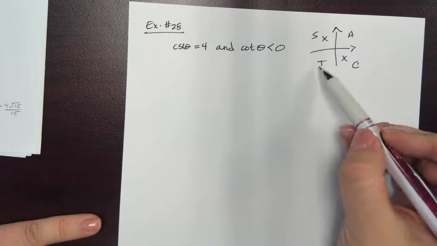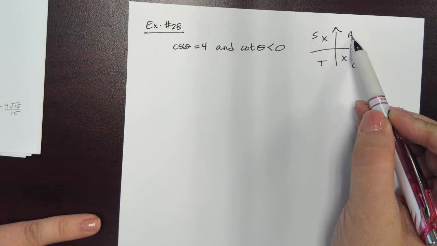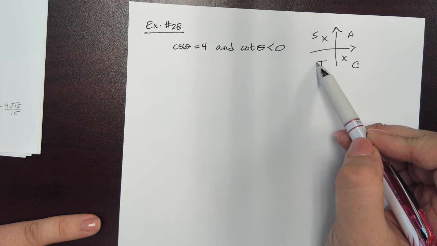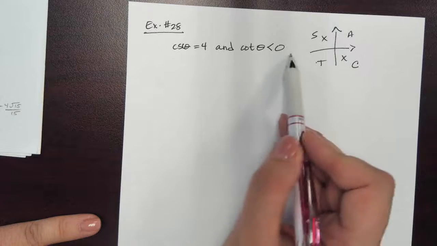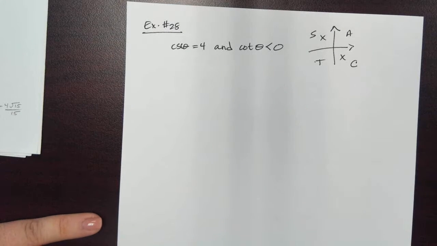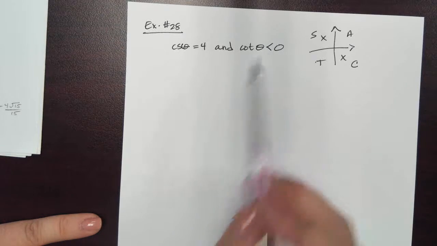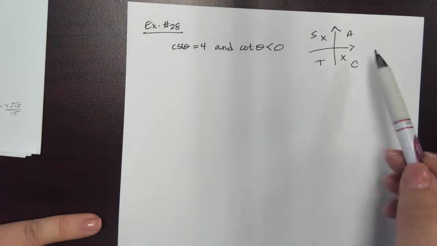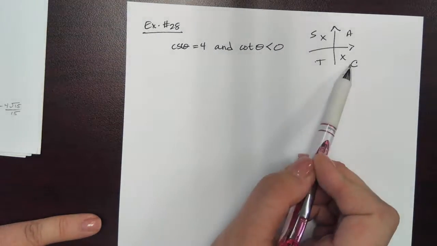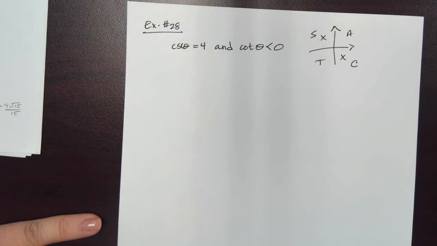Tangent is positive in quadrant 1 and quadrant 3. It's asking where cotangent, which follows the same rules as tangent, is negative. If it's positive here and here, it's negative here and here. The reciprocals go with the sine, cosine and tangent.